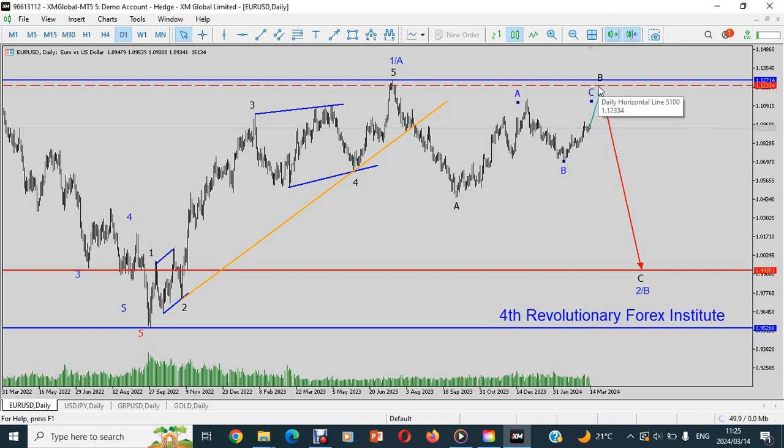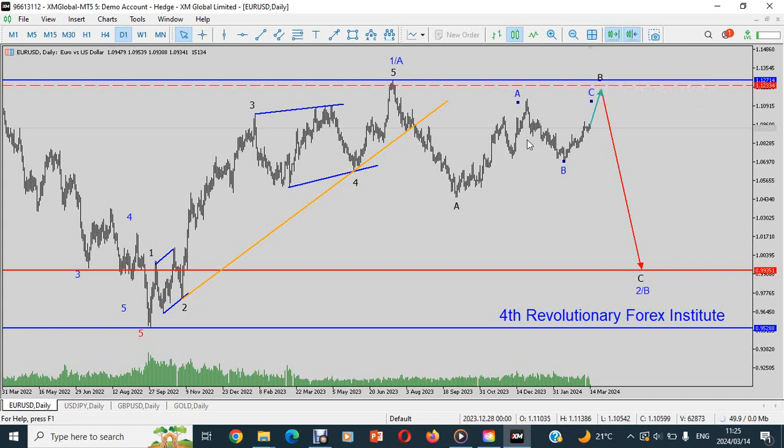If the market comes to this area and forms any bearish pattern, for instance, any bearish reversal candlestick pattern, then we can execute a bearish trade. But if the market breaks this level, which is the start of wave A, then we will wait to see what the market does, because at this time it's unclear where the market will go.